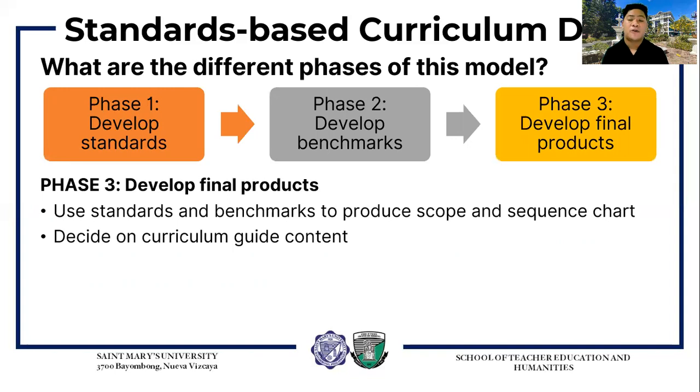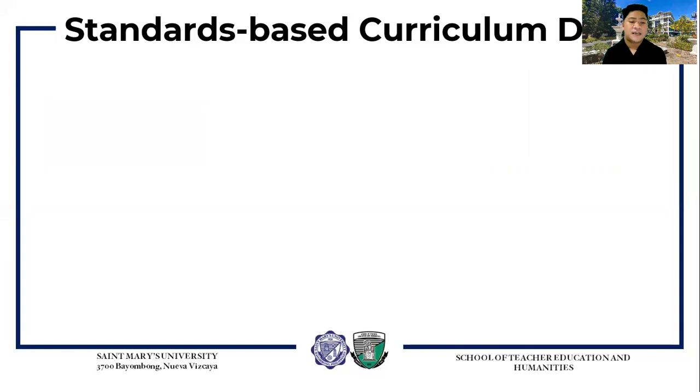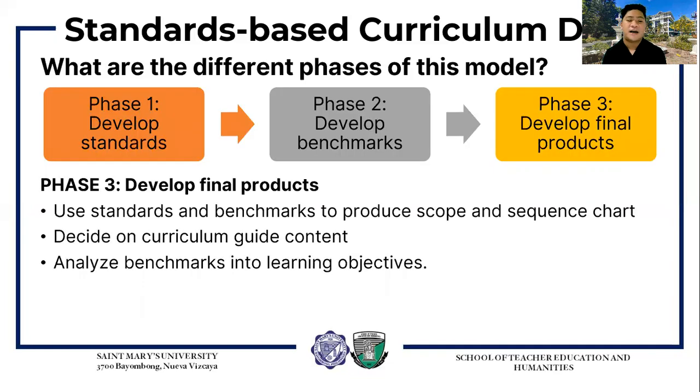And so we now go to developing the final product, or the final set of standards, that will be communicated to the teachers who will be implementing the curriculum. Analyze benchmarks into learning objectives, and that's it for phase three.